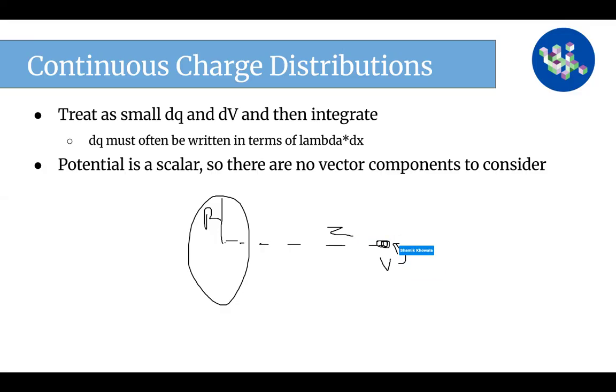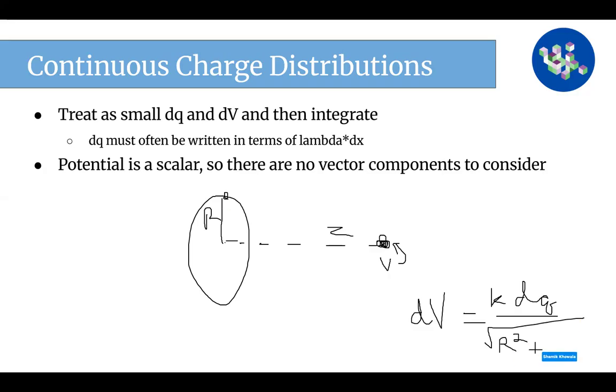You'll get an expression for dV as k dq over the distance from this point to this, which from Pythagoras is the square root of big R squared plus Z squared.